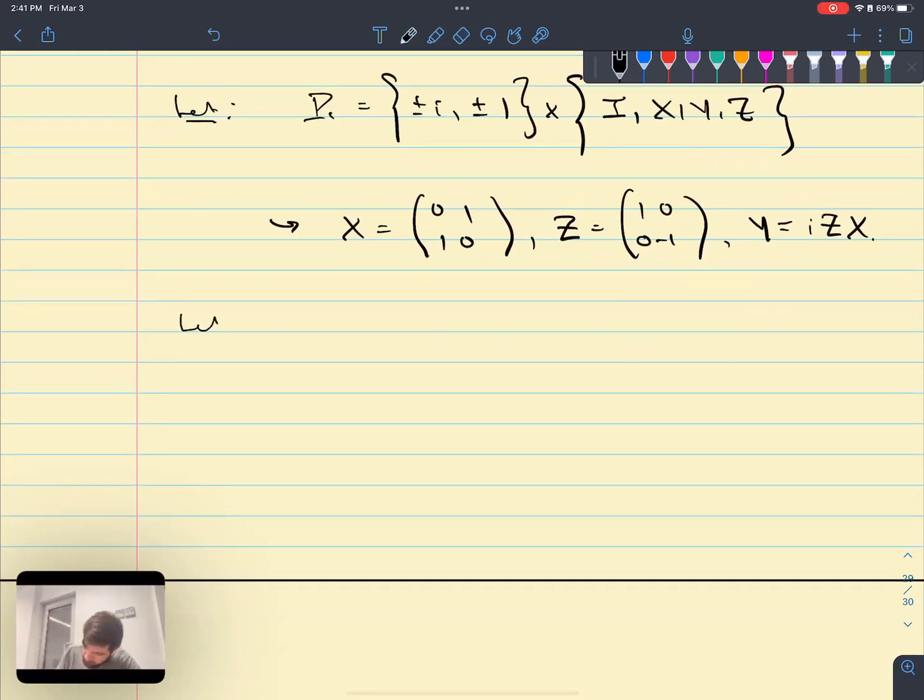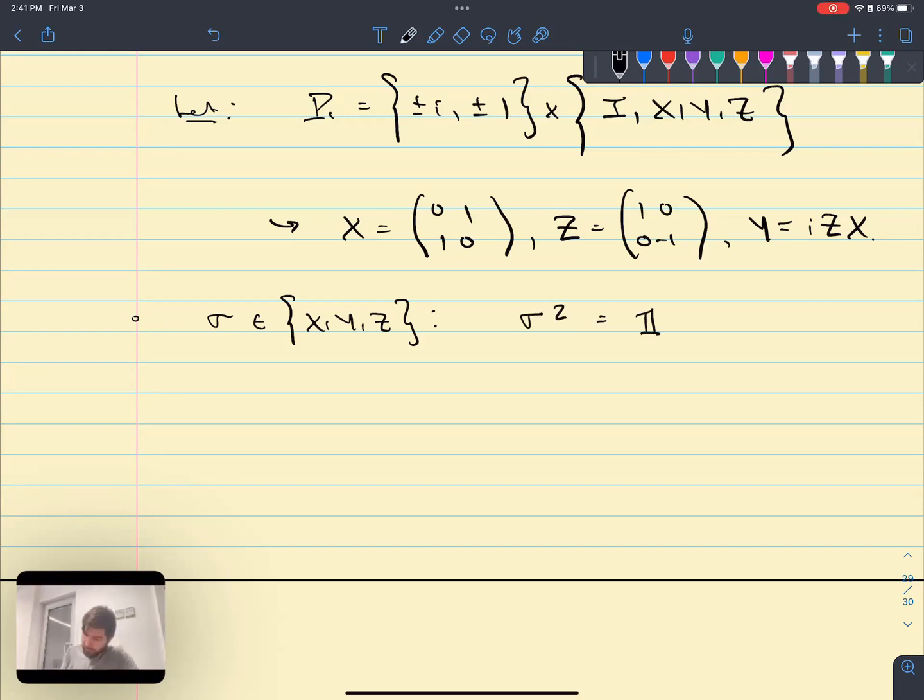Okay, I'll do it like this. If I have some element sigma of X, Y, or Z, then what I know is that sigma squared is equal to the identity.